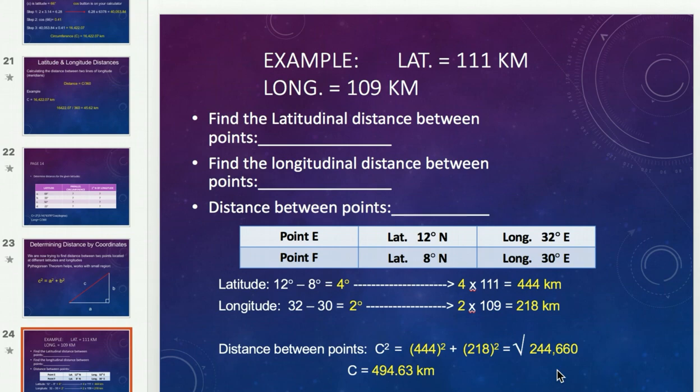Let's go ahead and do this together. And remember, for the next one, you're going to have the same latitude answer because the difference is 4. So 4 times 111 is 444 kilometers, and 2 times 109 is 218 kilometers.